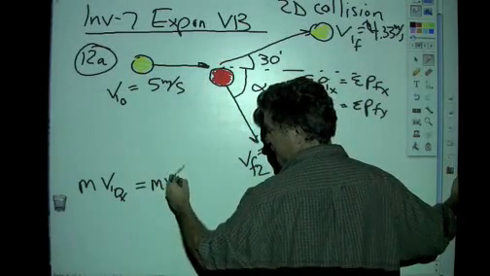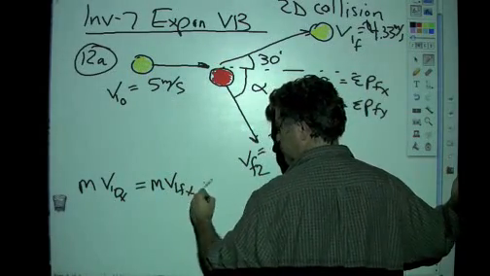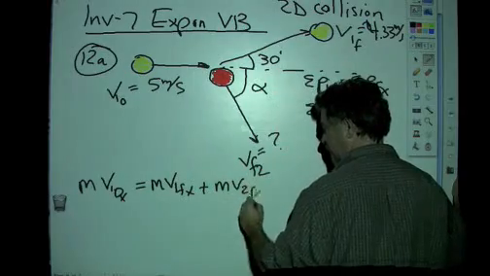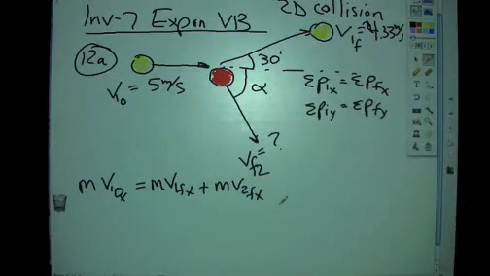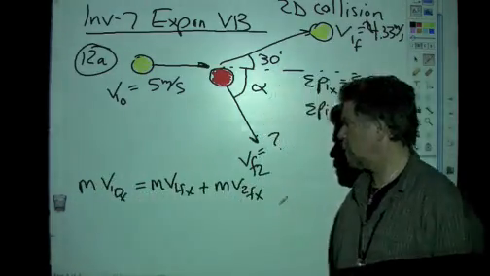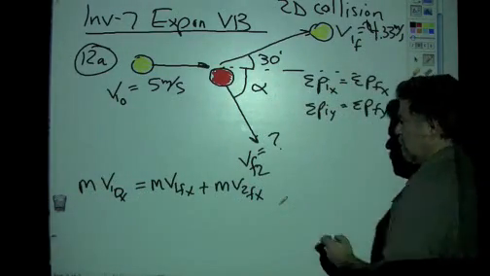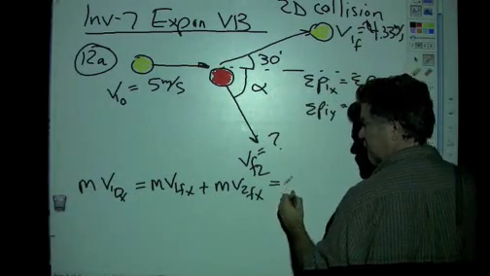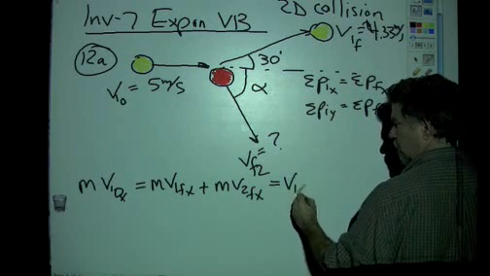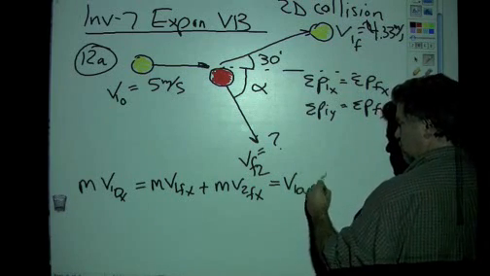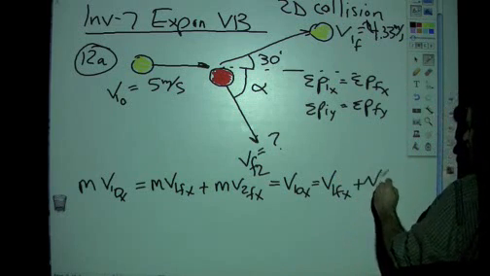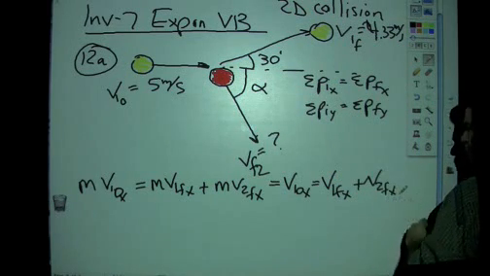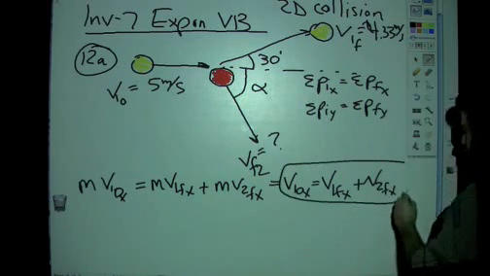So M V1 final X plus M V2 final X, and now we can see that the M's cancel. So this is the same as saying V1 naught X equals V1 final X plus V2 final X. And that's something I'll use.